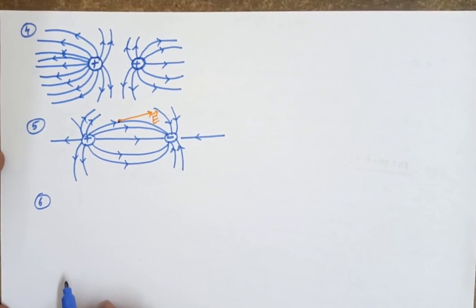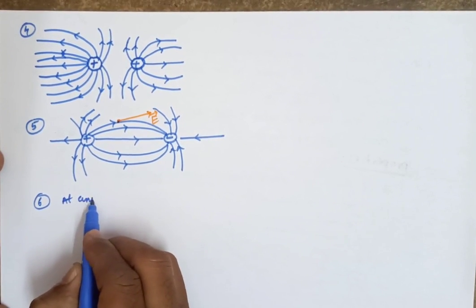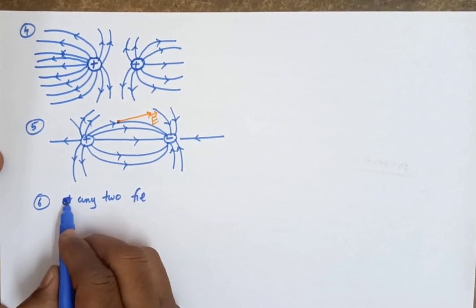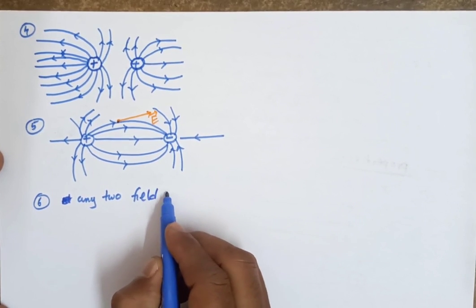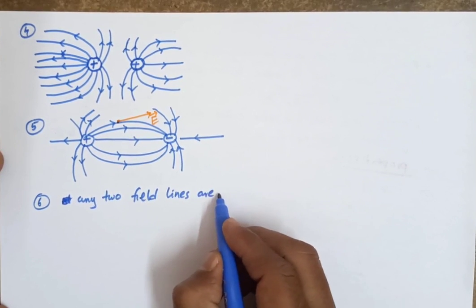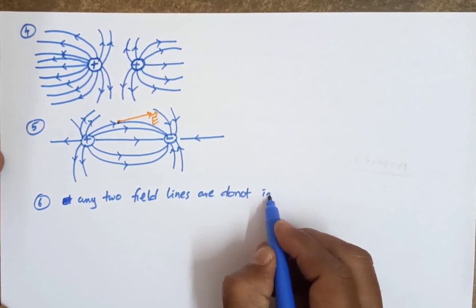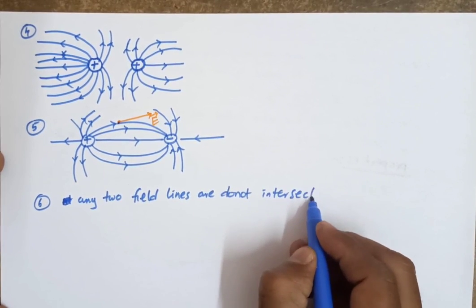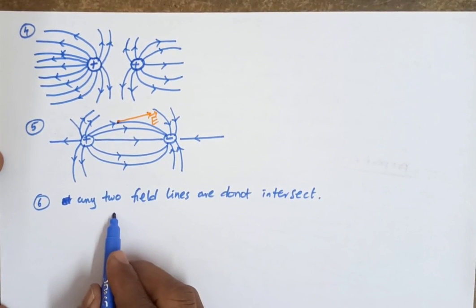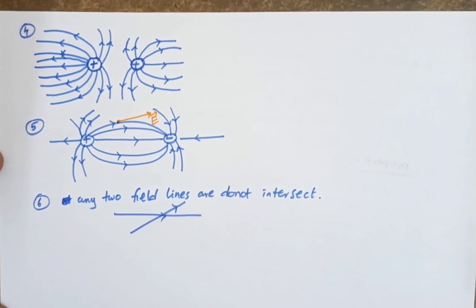The sixth one: any two field lines do not intersect. Because, for example, this is one field line and this is another field line.